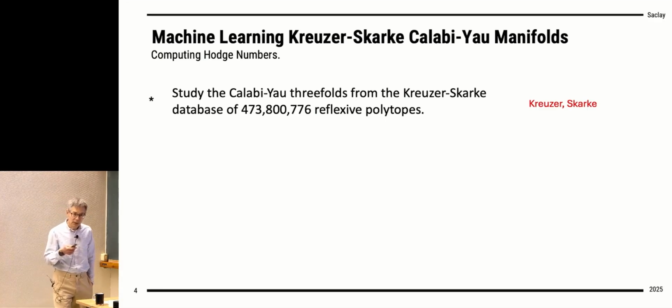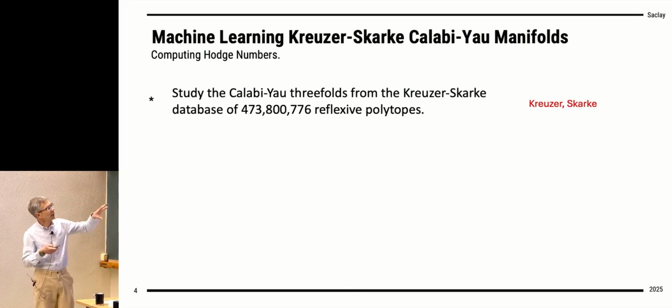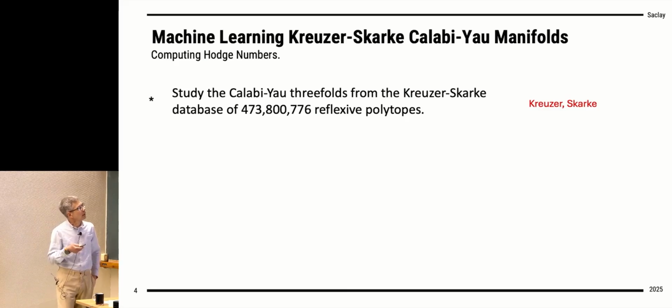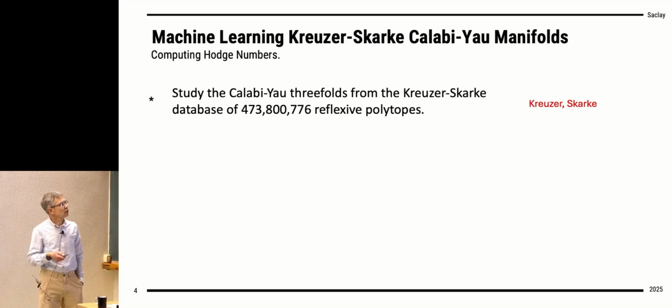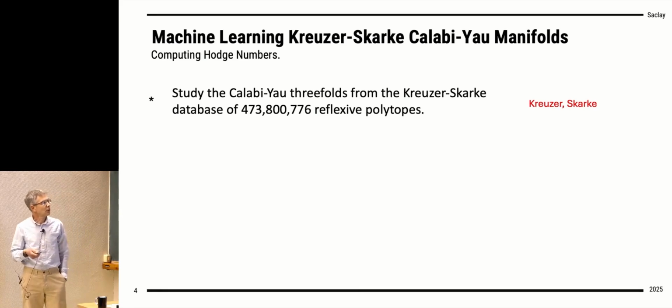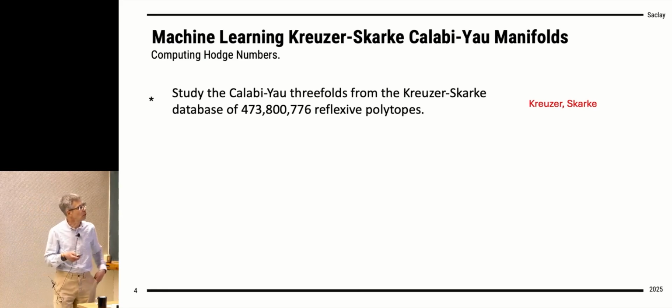And this was done in the context of these toric varieties, and the toric varieties are constructed by starting with so-called reflexive polytopes, which I'm going to describe in a little bit more detail in a second. Kreutzer-Skarke then, this classification of the reflexive polytopes, the two-dimensional reflexive polytopes, they were known since ancient times.